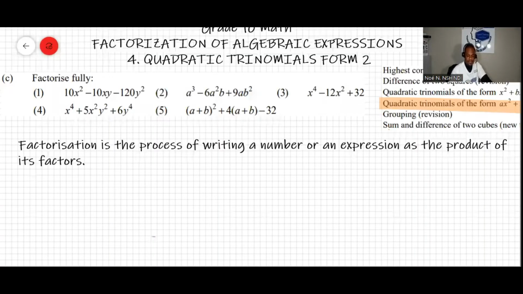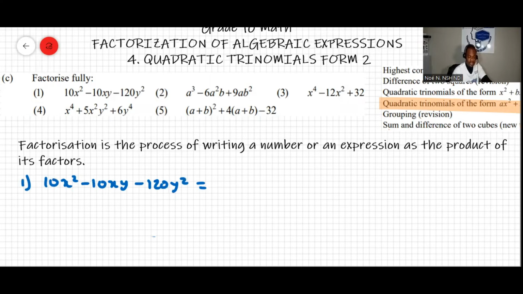Well, now we're going to do question C. That is factorize fully. Question 1, for instance, I won't finish writing the question, but I want to show something. It's like 10x squared minus 10xy minus 120y squared. As you probably notice, each term here is a multiple of 10.